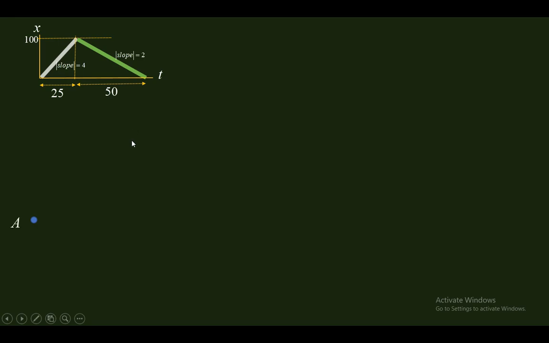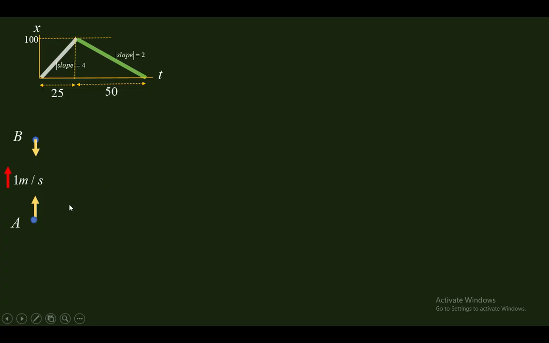Now, in our question, there are two boys, A and B, and they're moving in opposite directions on a conveyor belt, and the conveyor belt itself is moving with a velocity 1 meter per second, shown in red here. Both these boys have equal speed with respect to the conveyor belt, that is 3 meters per second, given in the question.